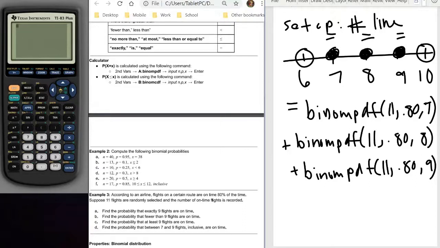Okay. So in the calculator, we're literally going to type in 3 binom PDFs with pluses.